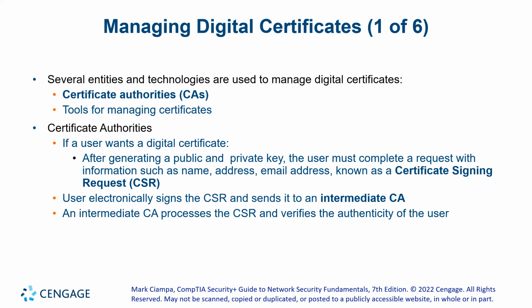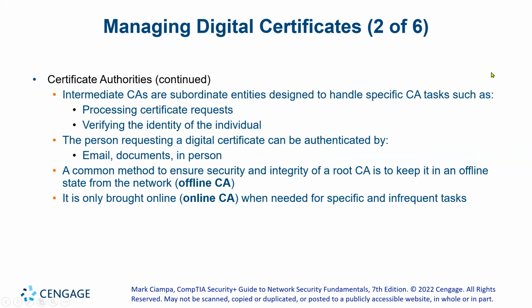User electronically signs the CSR and sends it to an intermediate CA. An intermediate CA processes the CSR and verifies the authenticity of the user. Intermediate CAs are subordinate entities designed to handle specific CA tasks, such as processing certificate requests and verifying the identity of the individual.